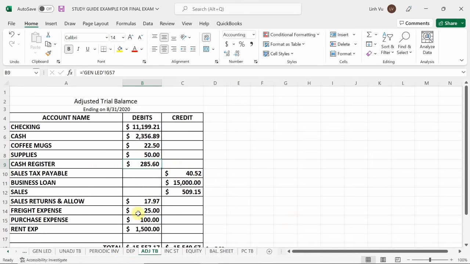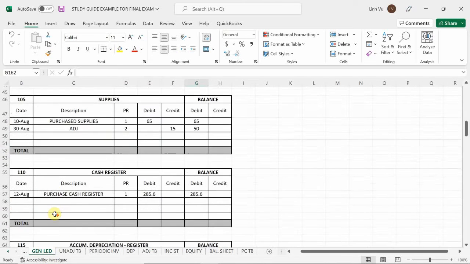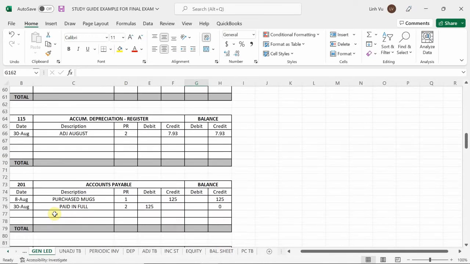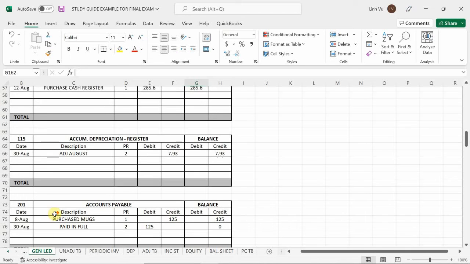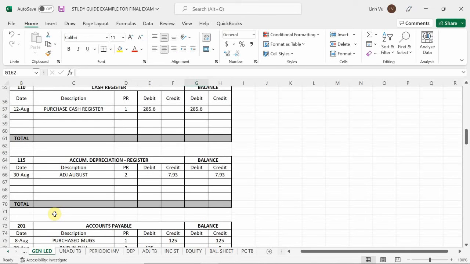What about my cash register? Is that the same? No, it's depreciated. Well, in this case, can you decrease the value of your asset? No, that's why you have to create a contra account, which is the accumulated depreciation. So I do need to add the accumulated depreciation, but my fixed asset is still at $285.60.